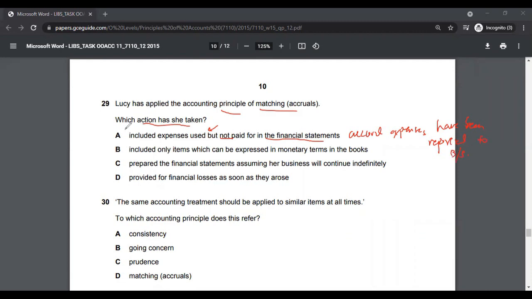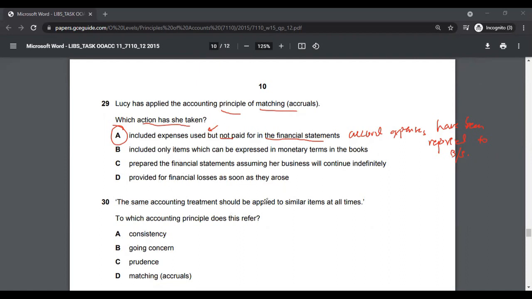So the answer to multiple choice 29 is option A, because when you're following accrual accounting, even if the business has not paid the expense yet, the company must record that unpaid expense on its balance sheet, plus the income statement.